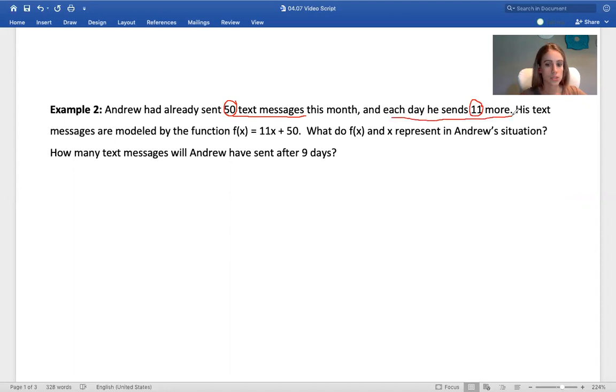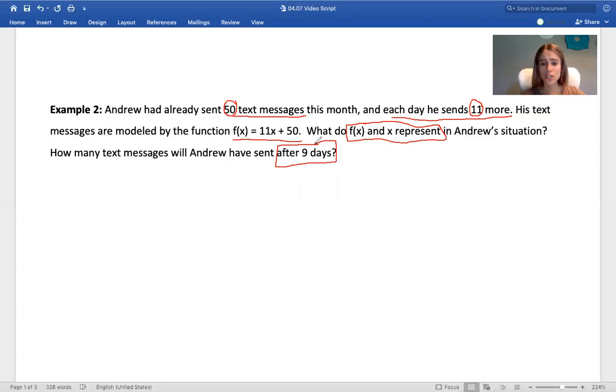His text messages are modeled by the function f of x equals 11x plus 50. What, question word, do f of x and x represent in Andrew's situation? And then how, another question word, many text messages will Andrew have sent after 9 days?